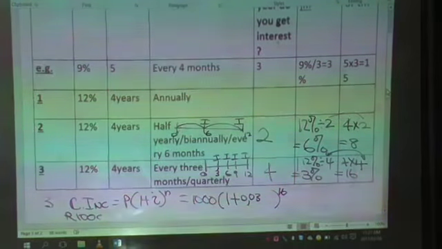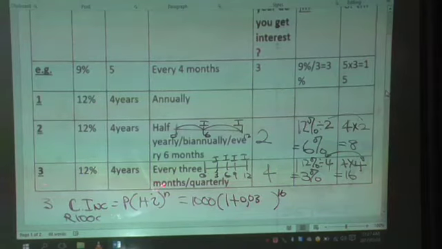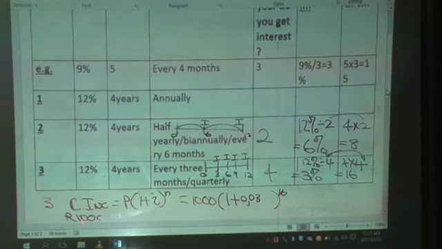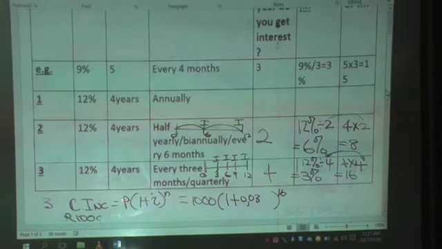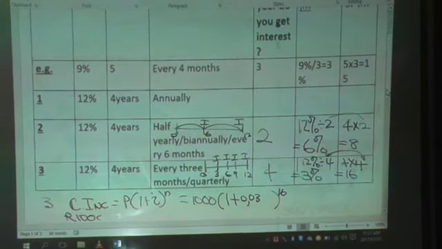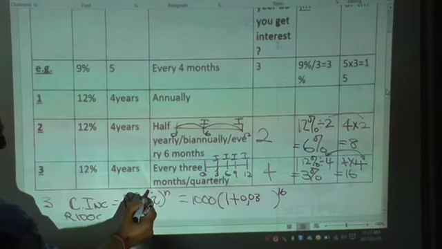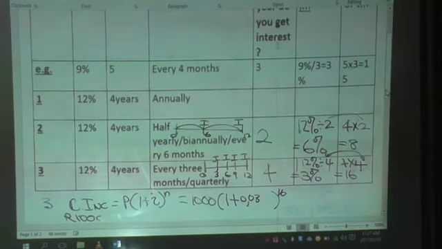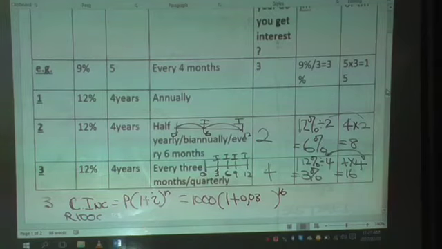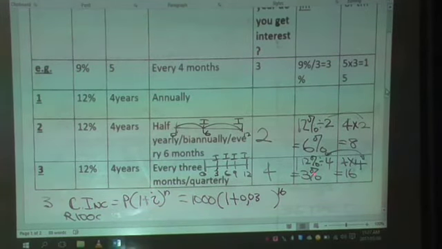So let's try to understand this and see how it works. If I was doing number 3 and the principal was 1,000 rand, where there is P, I will write 1,000. Where there is 1, you write 1. That's a constant. Where there is i, for the rate, for the interest, you will use that 3%.